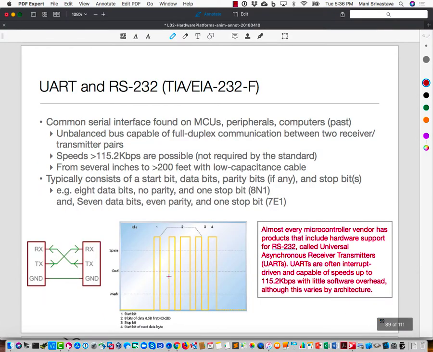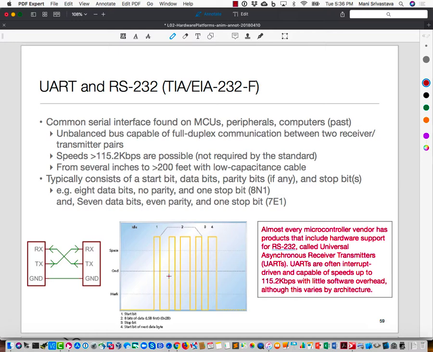Perhaps the most common one and most widely used is the so-called RS-232, and behind that what is called UART, or sometimes USART, Universal Asynchronous Receive Transmit. Okay? And RS-232 is UART with a specific voltage level. So RS-232 is basically defining a voltage level.